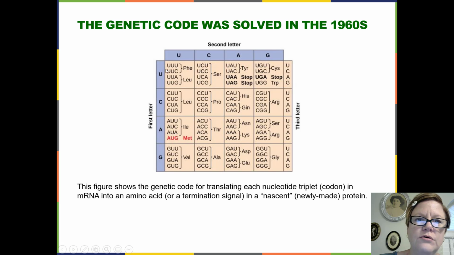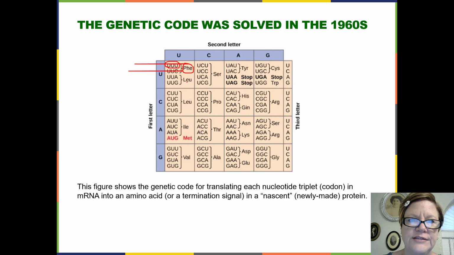And so the correlation of the codons, here you see the groups of 3 nucleotides, and then which amino acid they correspond to is shown here. And this chart is called the genetic code. So each group of 3 nucleotides, like UUU, right here, corresponds to the addition of the phenylalanine.